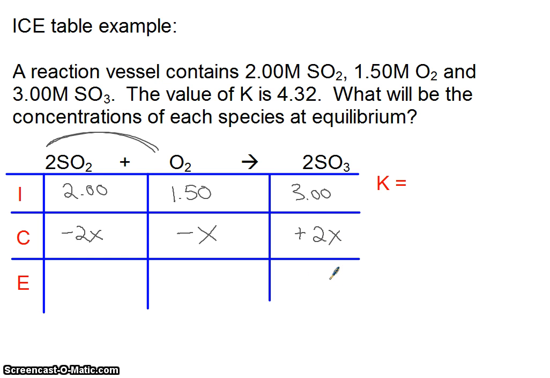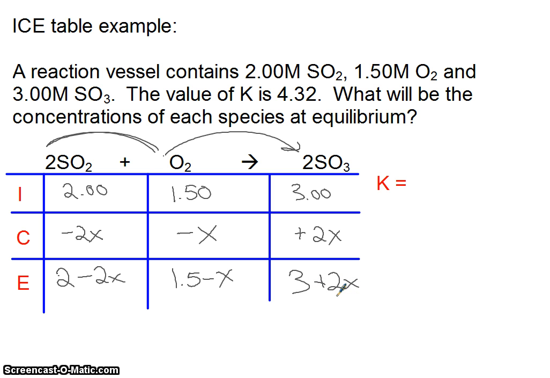By stoichiometry, whatever this one goes down by, this one goes up by. The reason for the opposite signs is that as the left side is being used up, the right side is being created. So at equilibrium, I don't know what X is, but I know this one will be 2 minus 2X, this one will be 1.5 minus X, and this one will be 3 plus 2X.